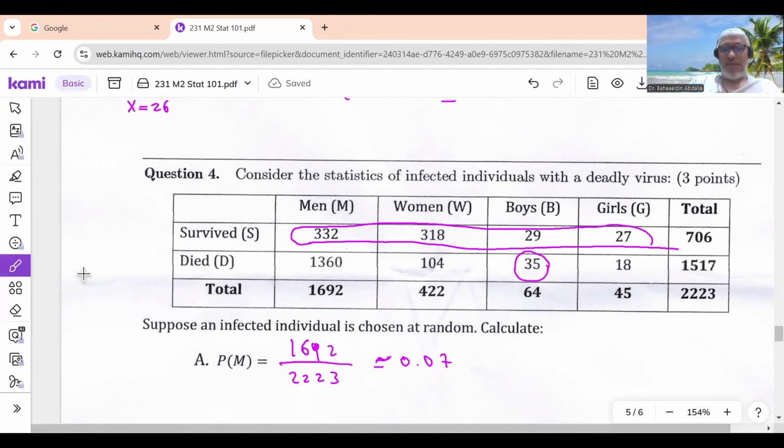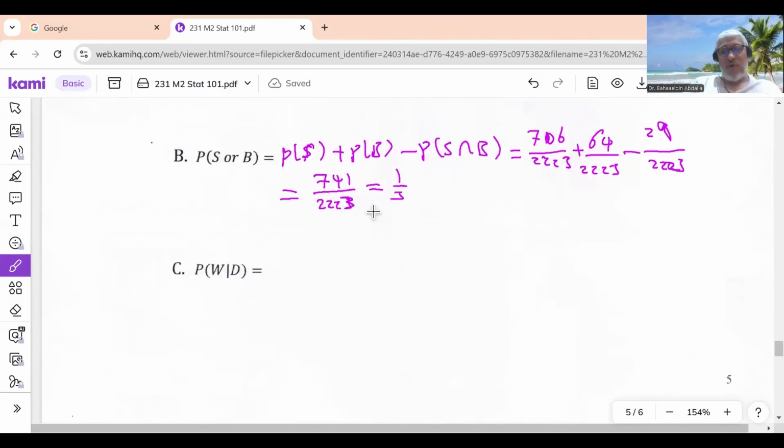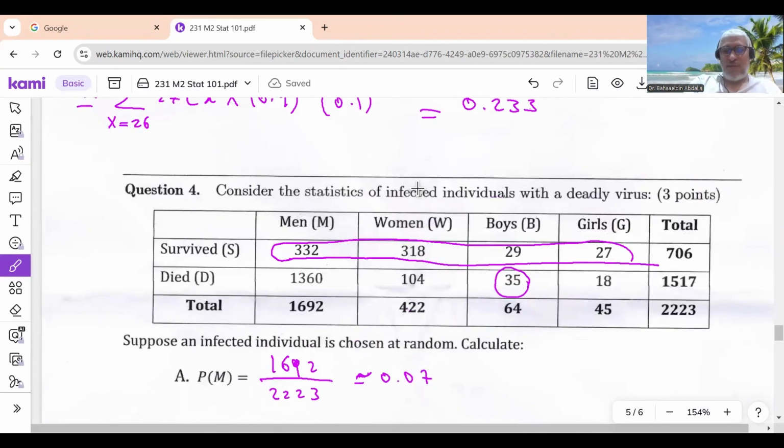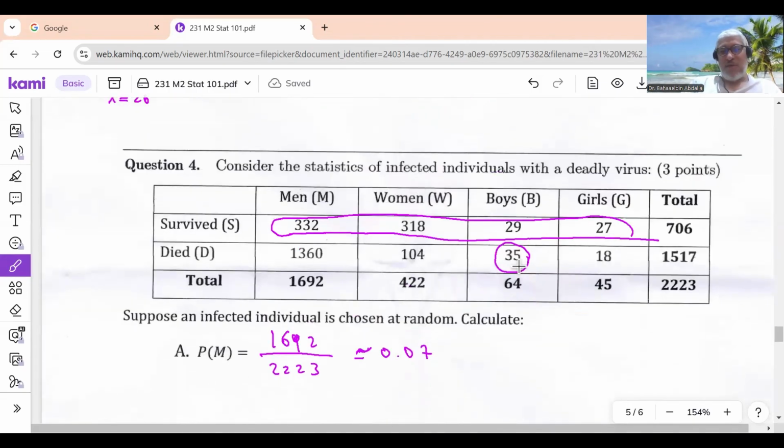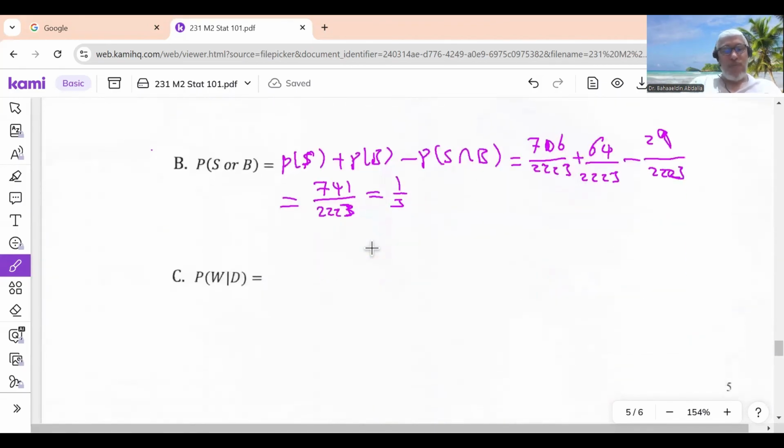You just add 706 plus 35, because 29 you have already taken with S. So you don't take it again. So you add 706 plus 35, it would be 741. So you can write immediately 741 over 2223 if you understand this thing. How can you find it directly like this?